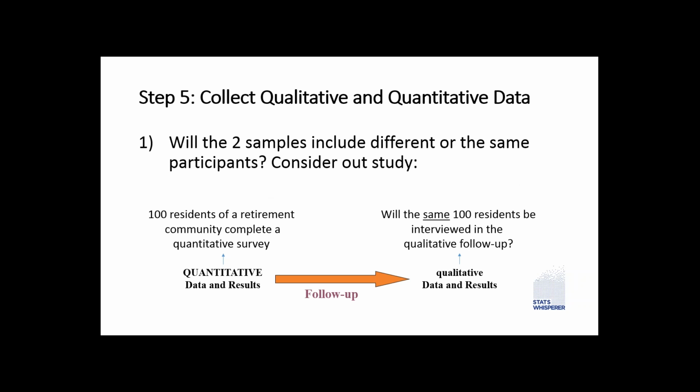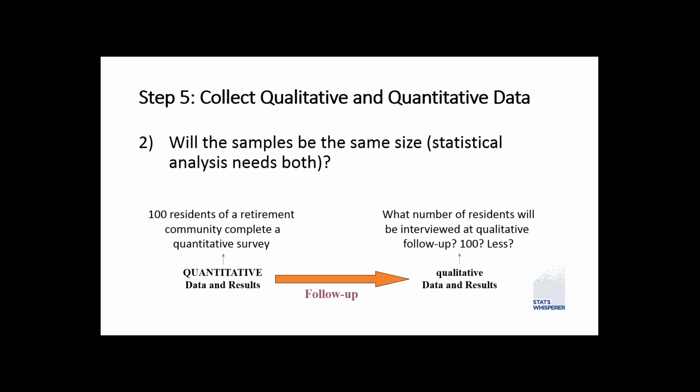We have 100 residents providing quantitative data, and the follow-up is the same 100 residents providing the qualitative data. Same thing for the sample size. As we said, it's 100 people at one point and 100 people at the second point, so we can compare them both.